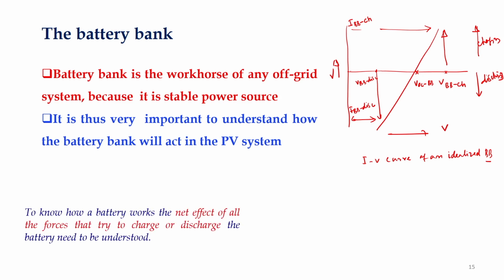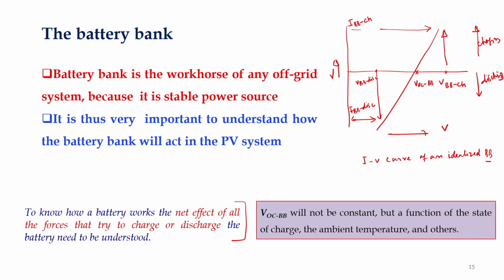So, to know how a battery works, the net effect of all the forces that try to charge or discharge the battery needs to be understood clearly, okay. And this VOC BB will not be constant, but a function of the state of charge, ambient temperature and other parameters.